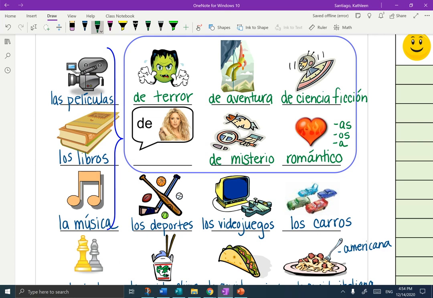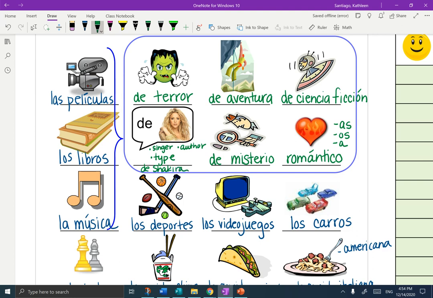So the last one is really, you can say de and then the person's name or a type. So here I'm going to write below it, you can say a singer or an author or a type. In this case, I'm saying la música de Shakira.